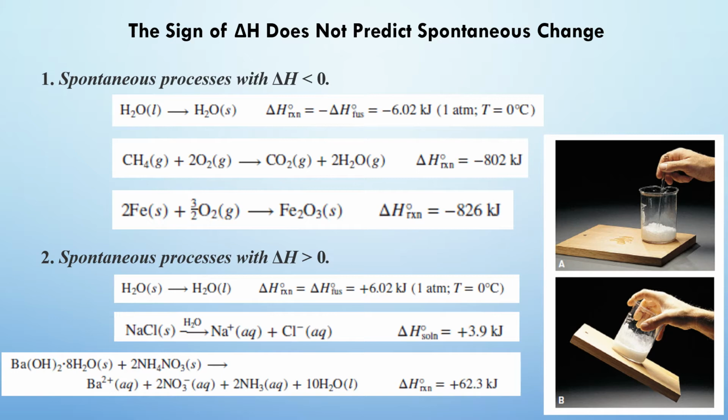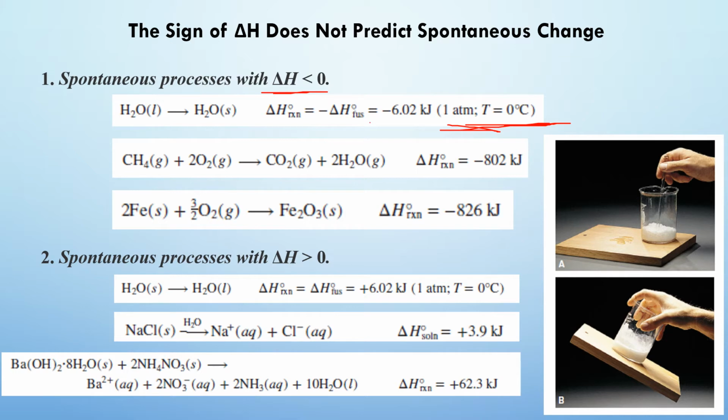For exothermic reactions with delta H less than 0, for example, liquid water becomes a solid at a low temperature. We're talking about a given condition, so the conditions should be given.